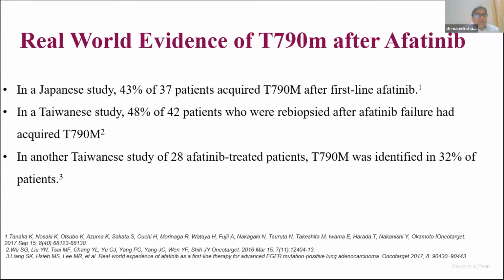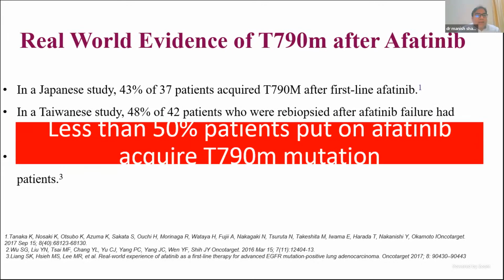And in another Taiwanese study of 28 afatinib treated patients, T790M was identified in 32% of patients. And hence, less than 50% of those put on afatinib would acquire the T790M mutation, and these patients will be eligible for getting osimertinib in the second line.